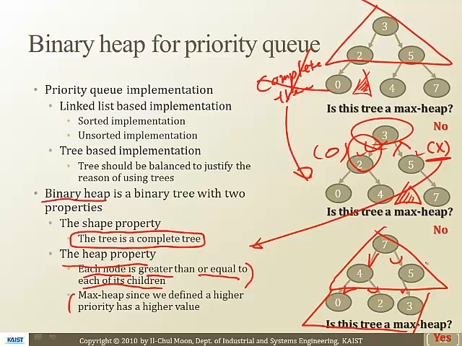That means this also satisfies the heap property. So this is alright shape-wise, it is a complete tree. And for the heap property, the parent is always greater than its children, right? So this is a perfectly alright max heap, alright?